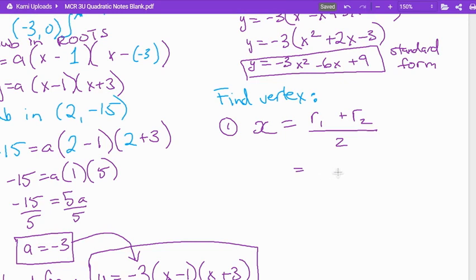The roots are the numbers that are given in the question. It's 1 and negative 3. And then we divide that by 2. 1 minus 3 is negative 2 over 2. And that gets me an x value of negative 1.